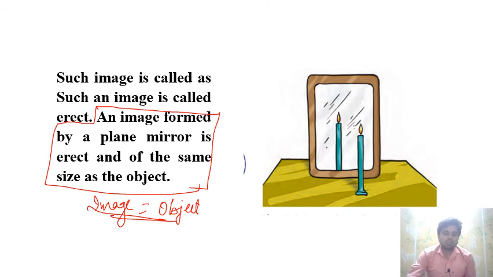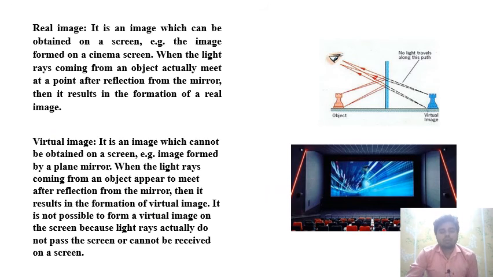Okay, so now moving forward students, this is a very typical thing we are learning now: the real image and the virtual image. What do you mean by real image and what do you mean by virtual image? This is very simple. Here it is a plane mirror, and we can see that the rays are reflected back from the mirror.